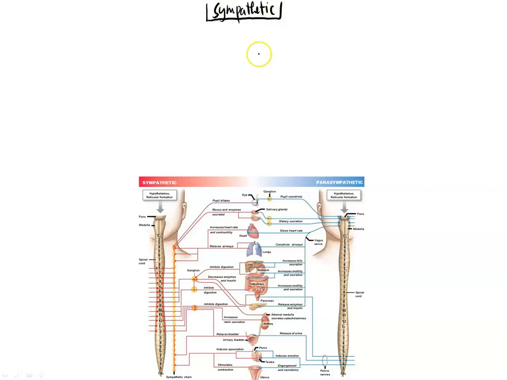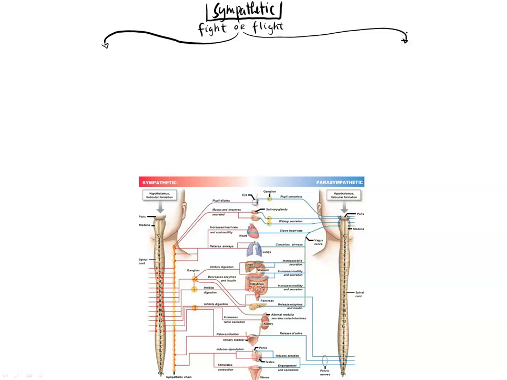And remember, what is the overall function of the sympathetic nervous system? This is fight or flight, or flee. Basically, do I want to run towards you or do I want to run away from you? The sympathetic nervous system can do a couple of things, so let's make two branches.